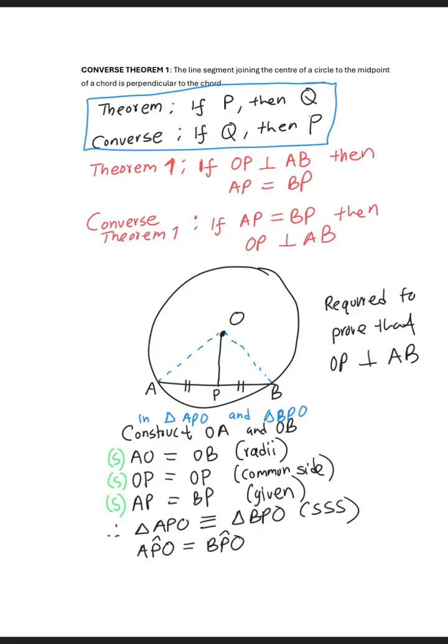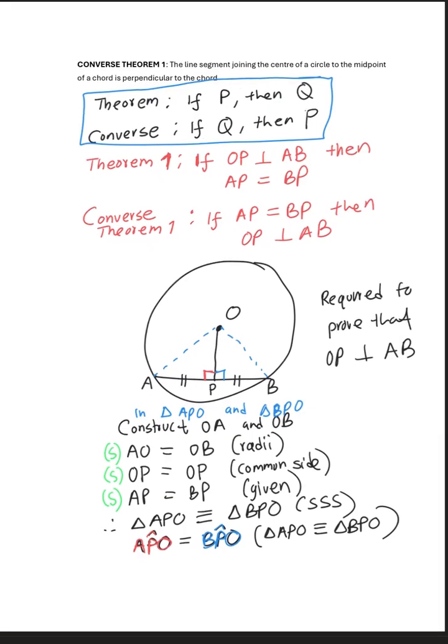Angle APO is this one, I'll color it red so you can see it, is equal to angle BPO, this one. They are equal because triangle APO is congruent to triangle BPO.